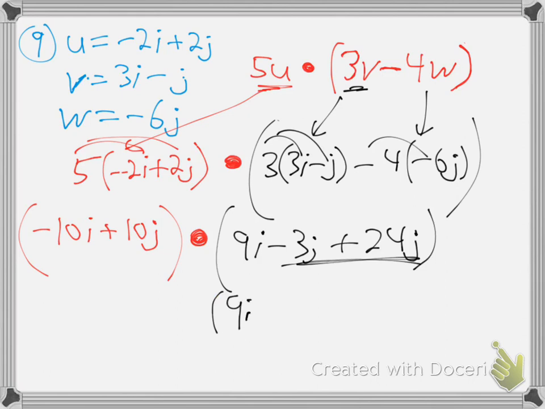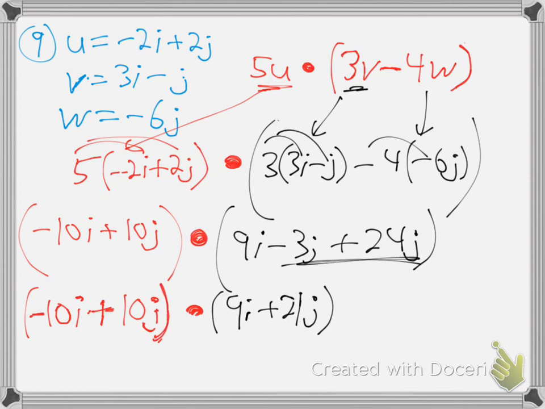So we'll get 9i what? Plus 21j dotted with minus 10i plus 10j. We good? Good to there?